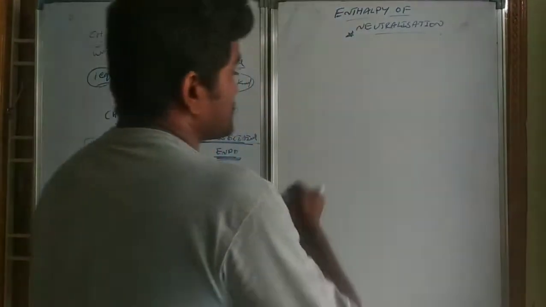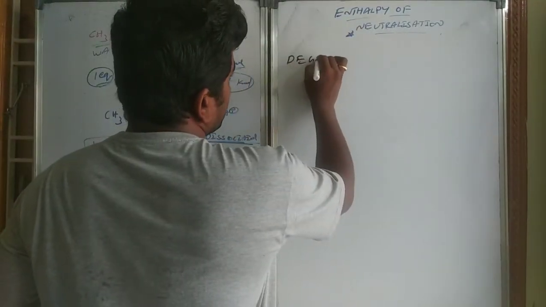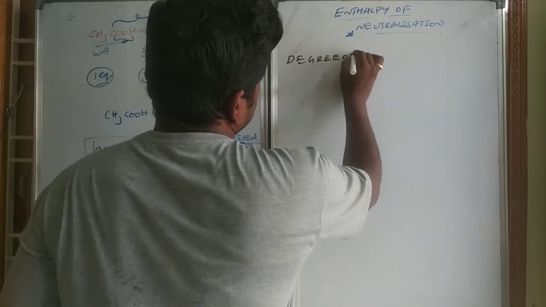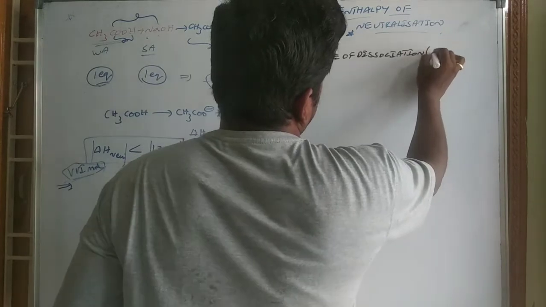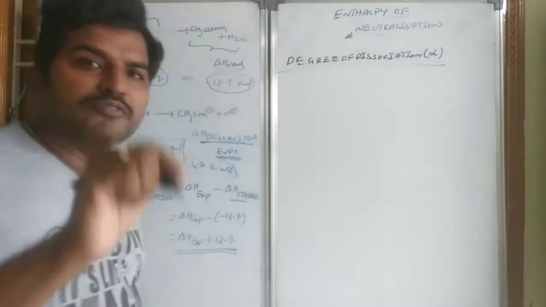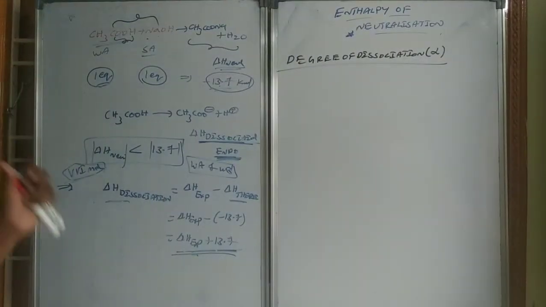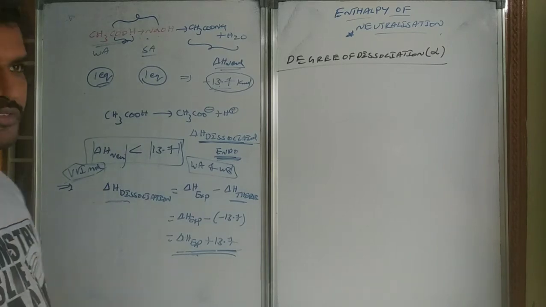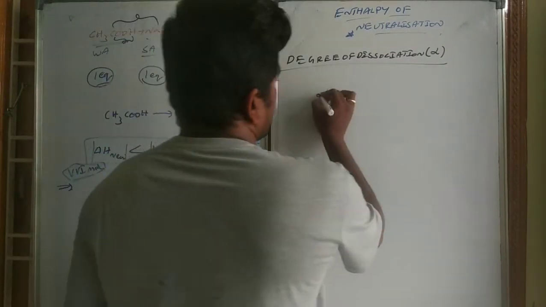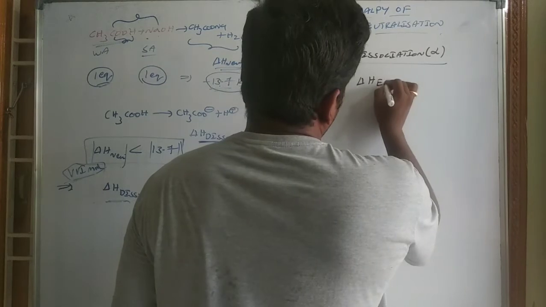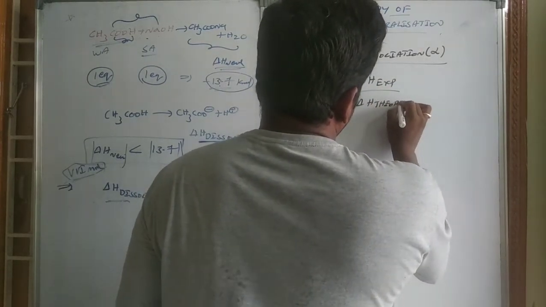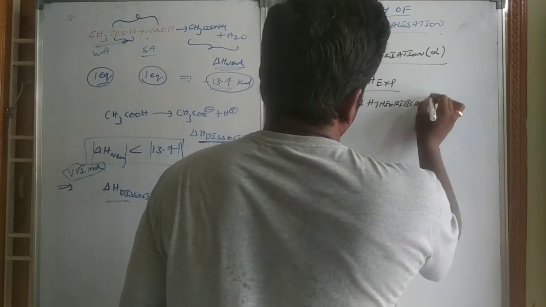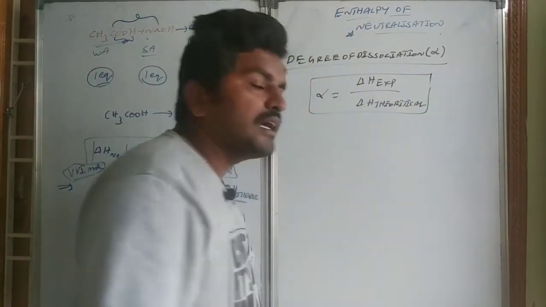Degree of dissociation, that is alpha. Degree of dissociation can be calculated by using these enthalpy of neutralization values. Alpha is equal to enthalpy experimental by enthalpy theoretical. So from this we can identify the alpha value.